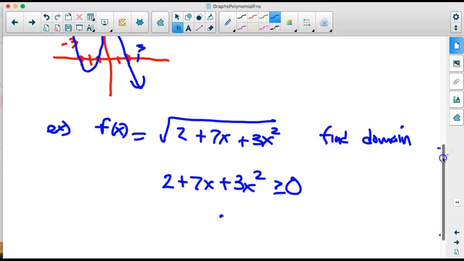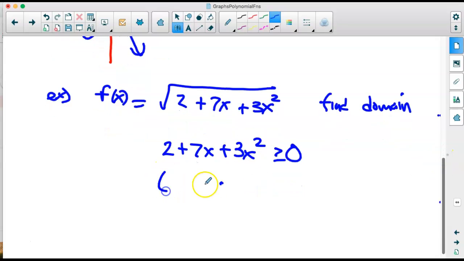So what we would then do here is I would take this and I would try to factor it to find the zeros, because we want to know when it's greater than or equal to 0. Okay, so I'd want to find out where it is 0 first. So 2 and 1 give us 2, and 3x and x gives us 3x squared. We need to get 7. So that's checking the FOIL here.